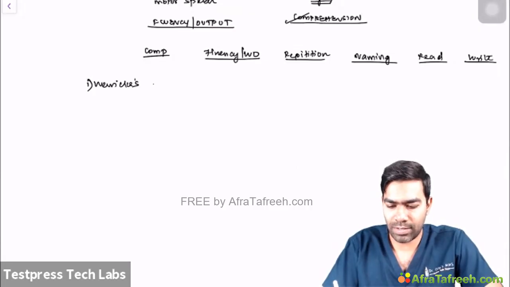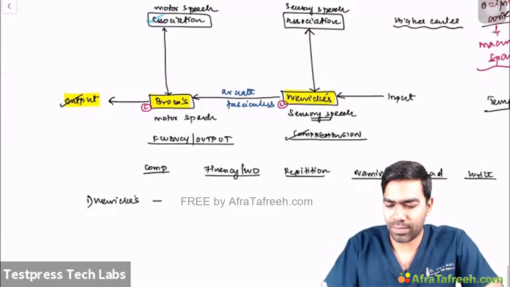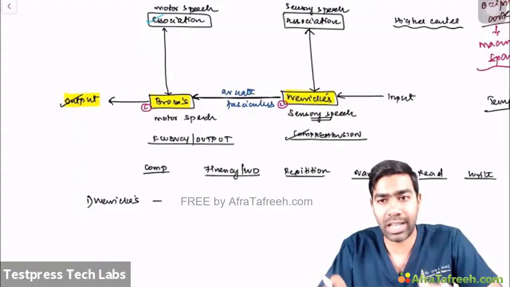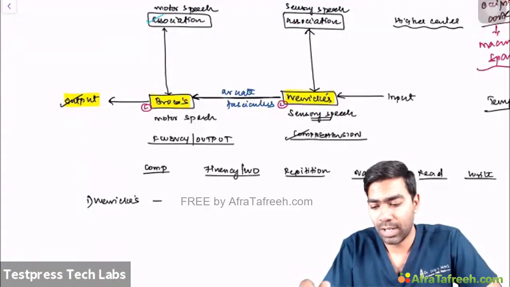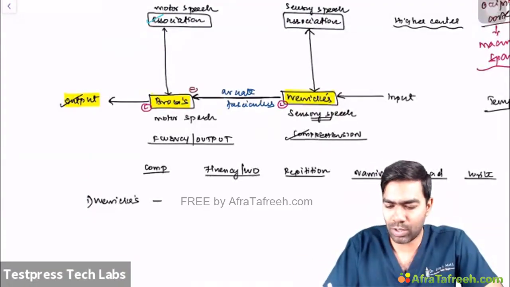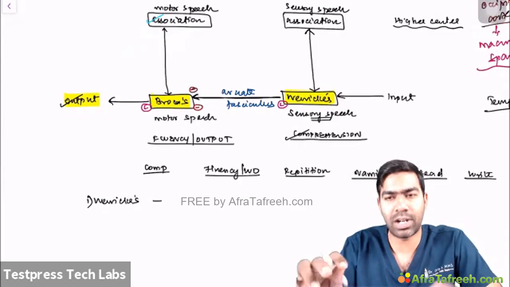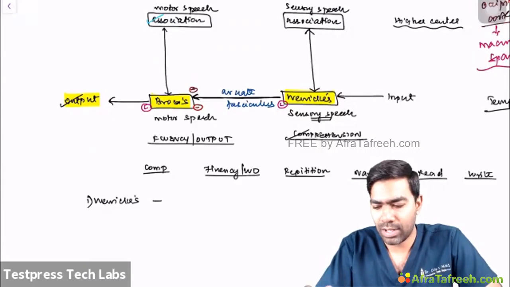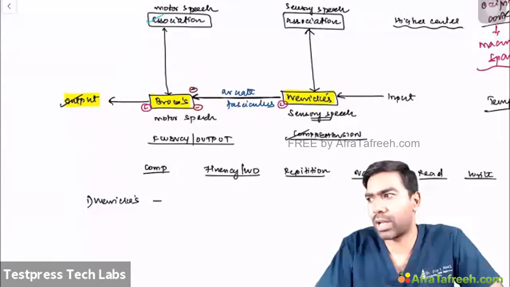Whenever you have Wernicke's aphasia, one more important thing is this. You can imagine, though it's not a very correct thing, please take my word, that Wernicke's area keeps the Broca's area under inhibition unless it is getting stimulated by Wernicke's. How can you get it in practical ways?